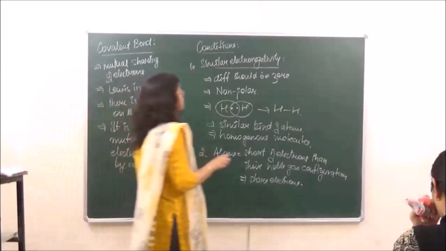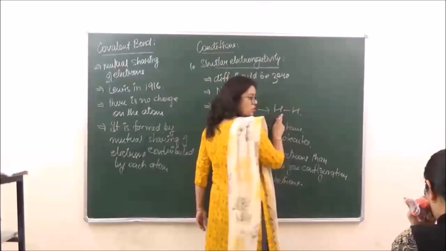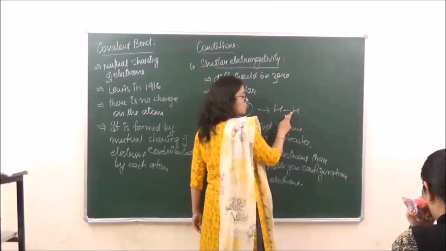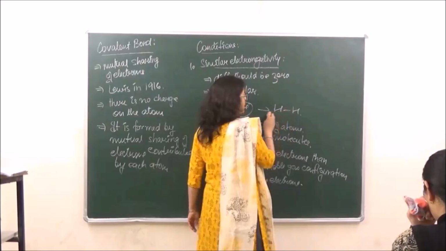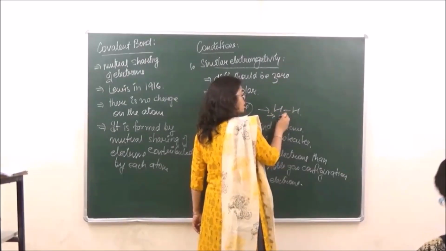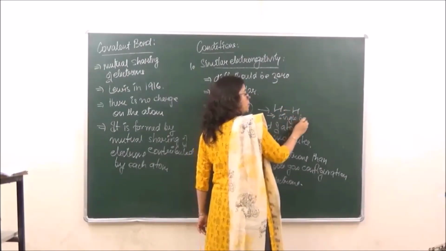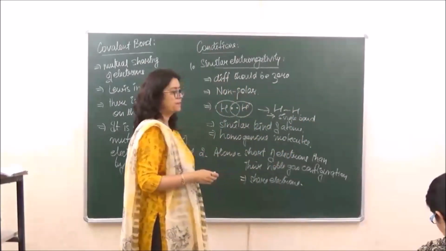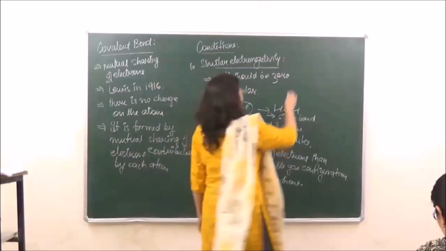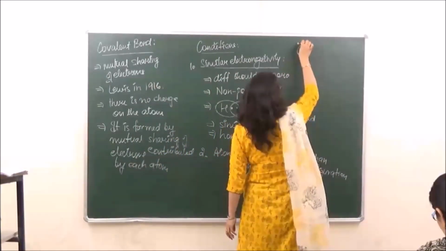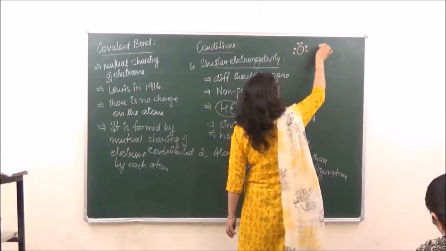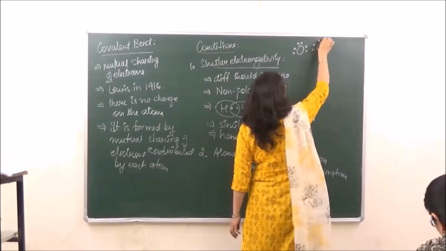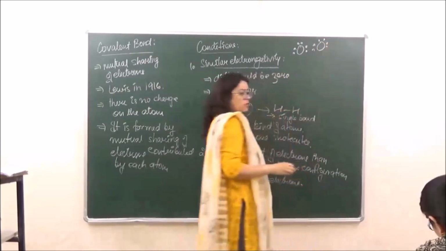Let's take a few examples. We have taken one oxygen. When only one electron pair is shared, this is known as a single bond, represented by a single line. Oxygen has 6 electrons in the outermost shell, so another oxygen will also have 6 electrons in the outermost shell.